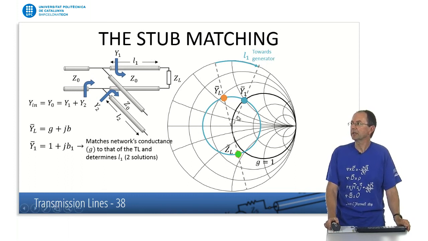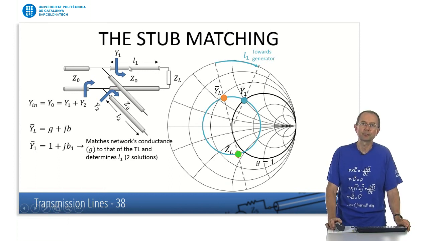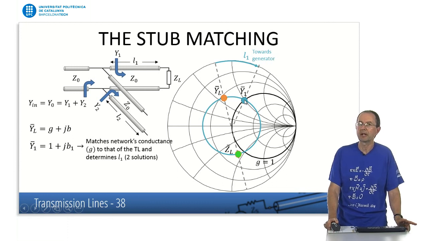So whatever has to be done with the real part of the admittance has to be provided by L1, this first piece of the transmission line. We have to stop at the correct real part of admittance, because the stub that we connect in parallel does nothing about the real part. So the real part has to be determined at the very first step, determining L1.